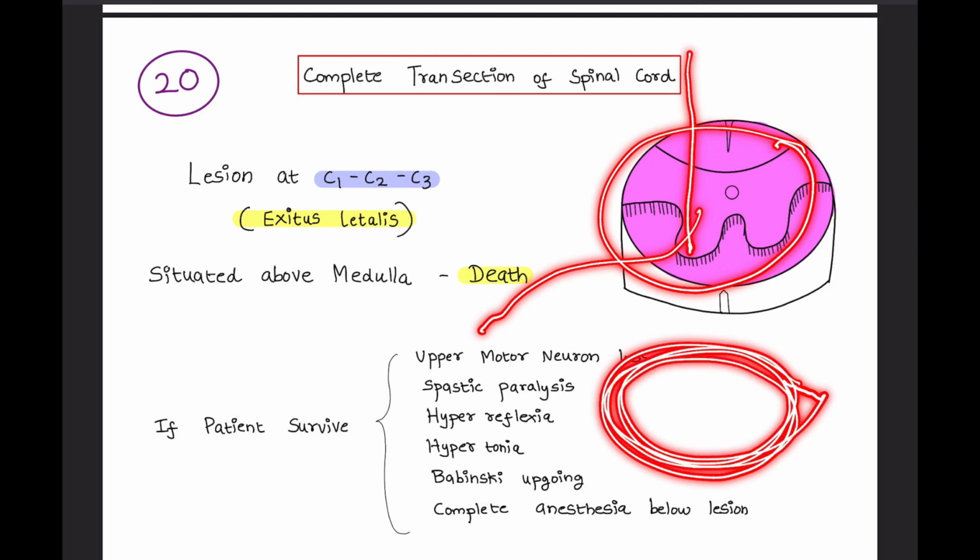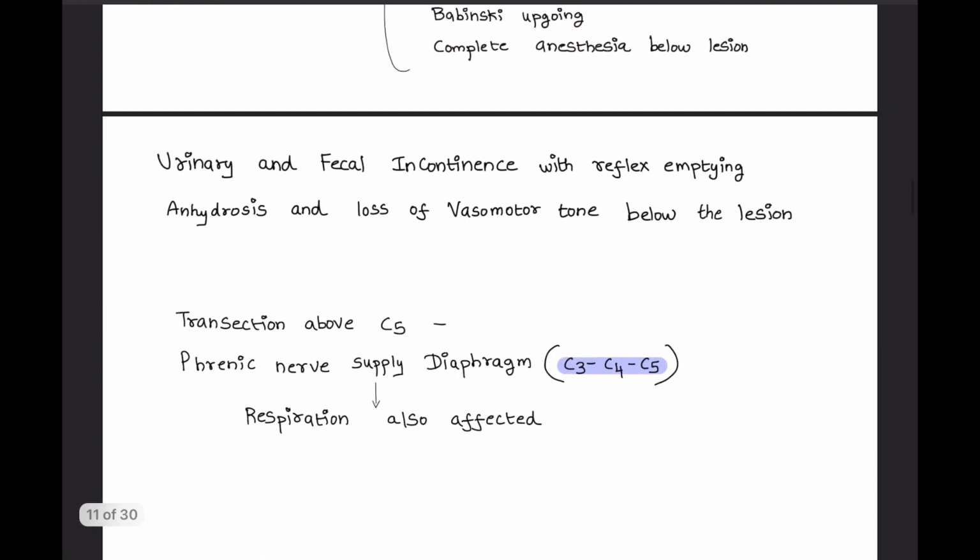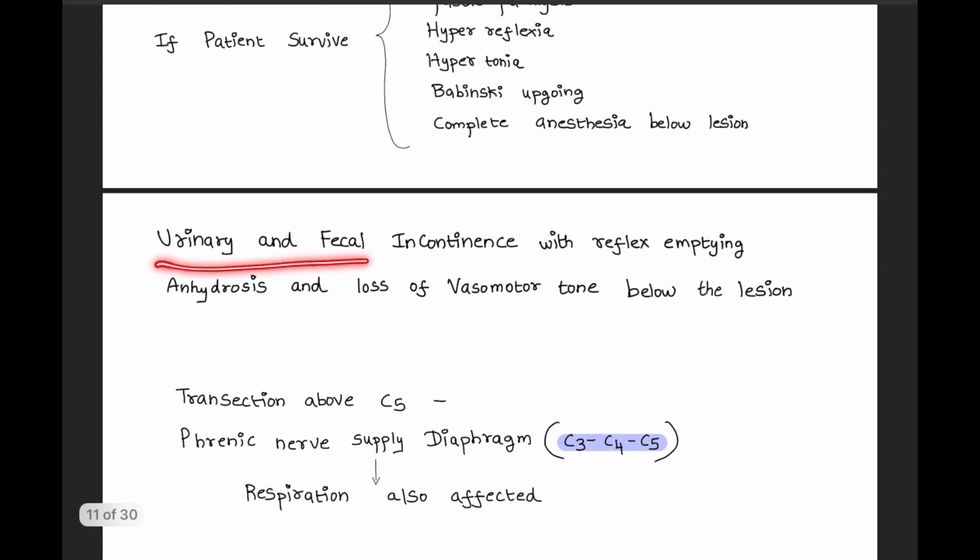So here the information from the brain is passed until this segment, so there will be normal reflexes, but because of the lower motor neuron type of problems, it cannot be executed. So the patient will have the reflex, and it cannot be executed. That is known as urinary and fecal incontinence with reflex emptying.